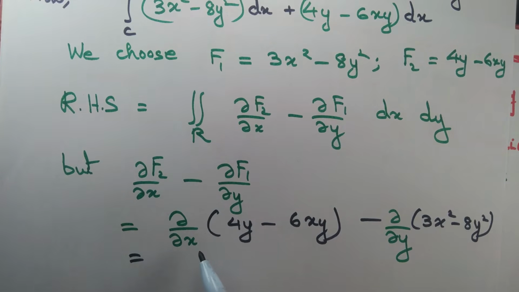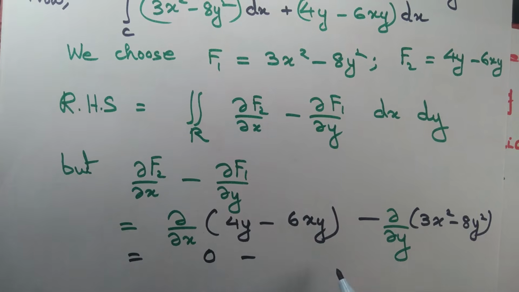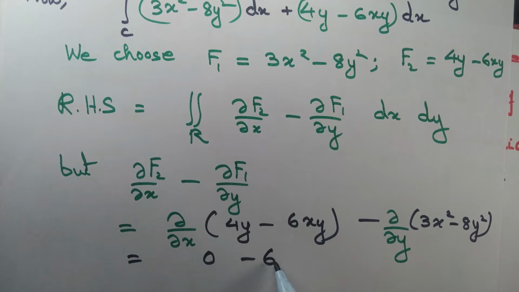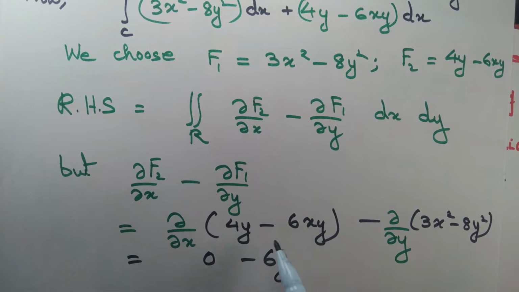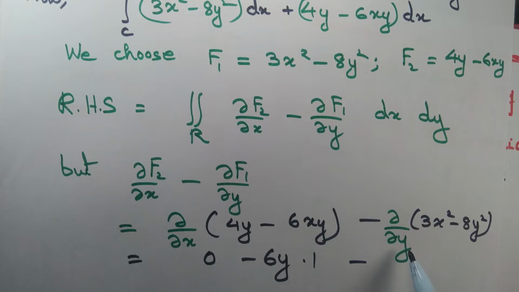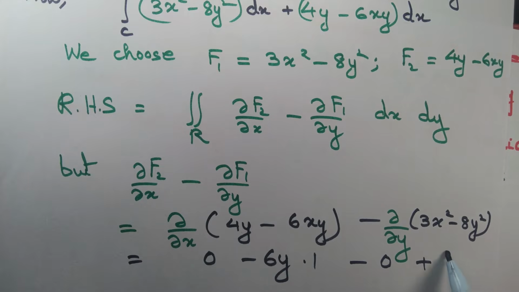If you are differentiating partially with respect to x, then you will regard y as constant. So, del x of 4y is 0. You will regard 6y as constant, so minus 6y is constant. Then you are left with del x of x, that is just 1. Again, if you are differentiating partially with respect to y, then you will treat x as constant. So, del y of 3x square is 0. Lastly, del y of 8y square is 8 into 2y.